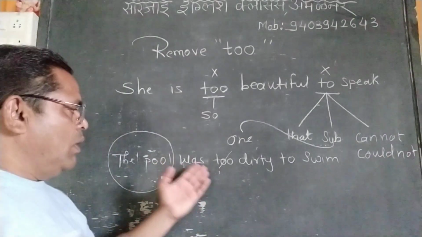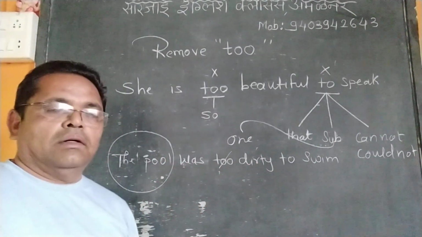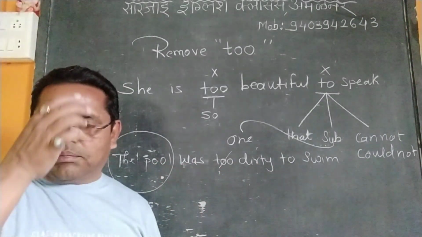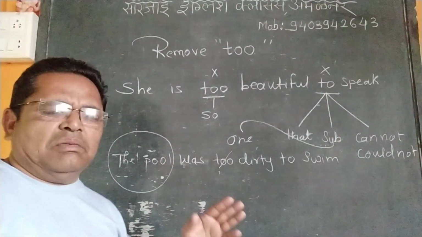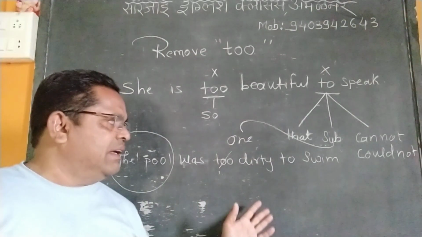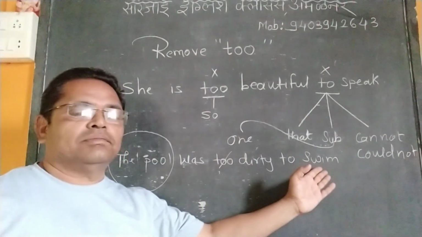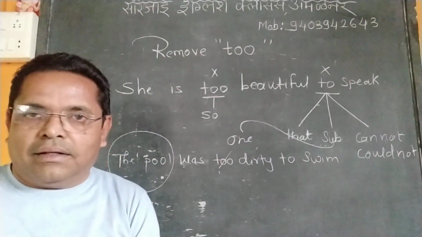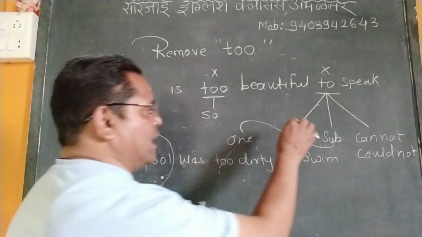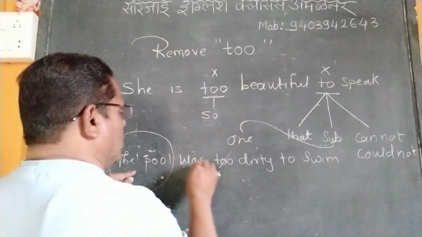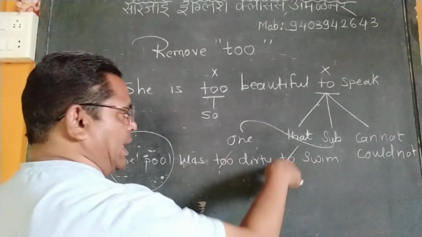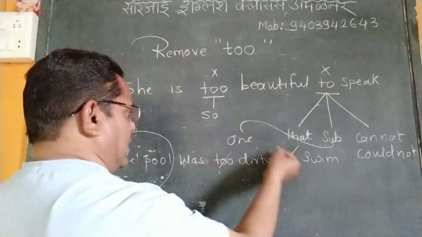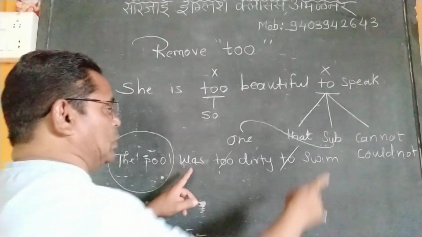The pool was too dirty to swim. पूल का मतलब आपको तो पता होगा. पूल इतना डर्टी है, no one can swim, वहां पे कोई भी नहीं. तो हमने यहाँ पे क्या यूज किया, the pool was so dirty that one could not swim.